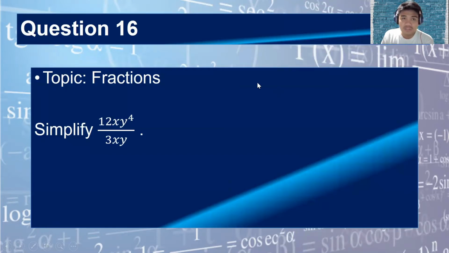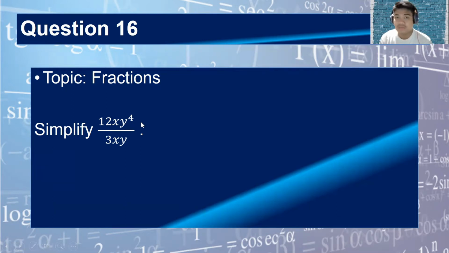This question is on fractions. To simplify 12x y raised to the power of 4 all over 3xy. So as you can see, we have 12, we have 3, and we have variables x and y.